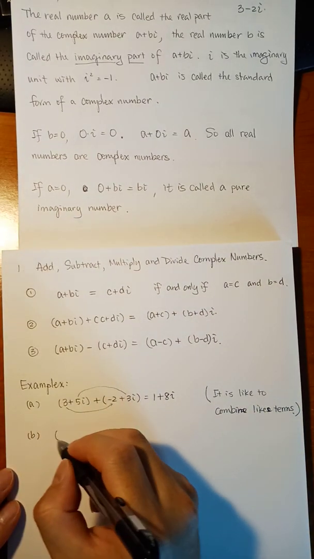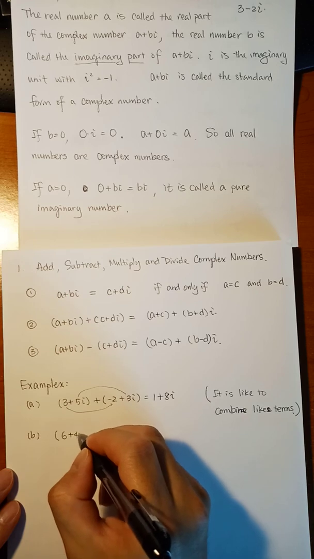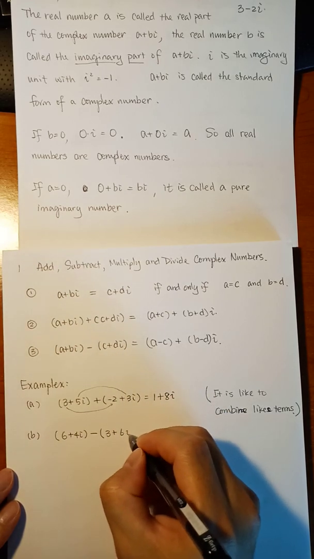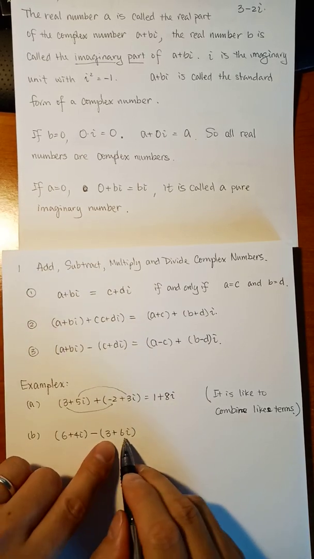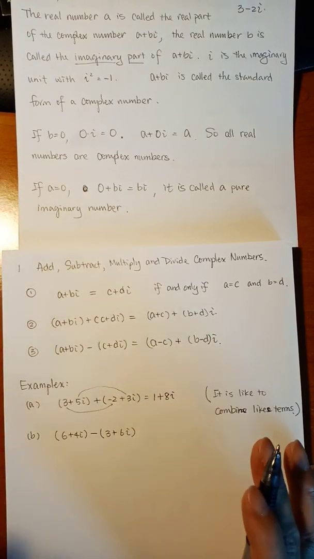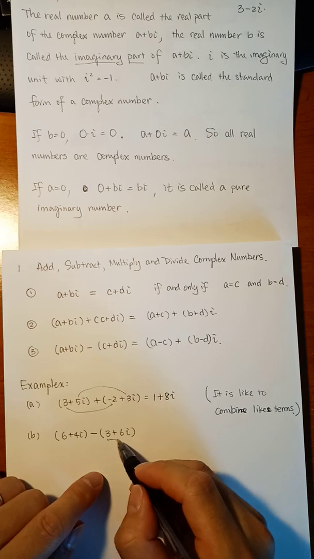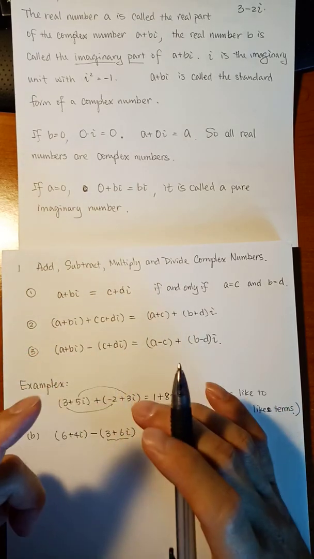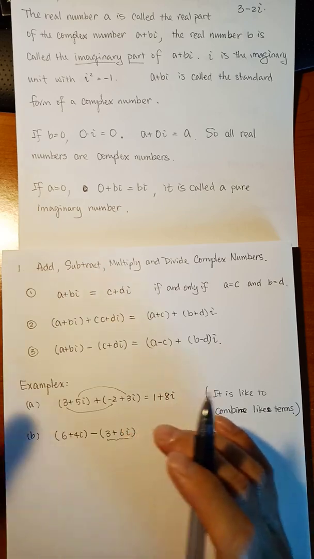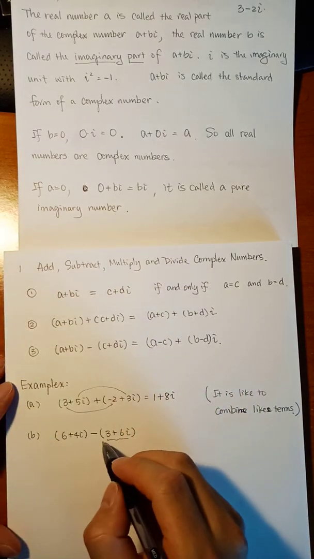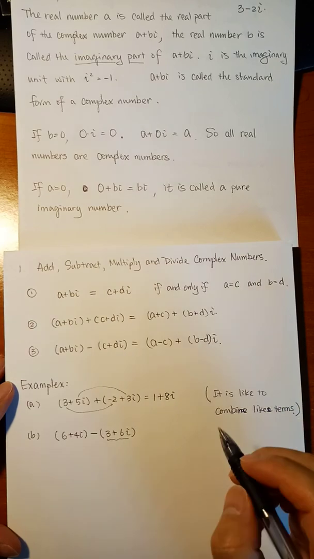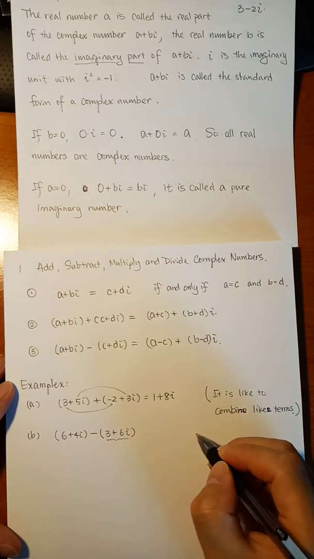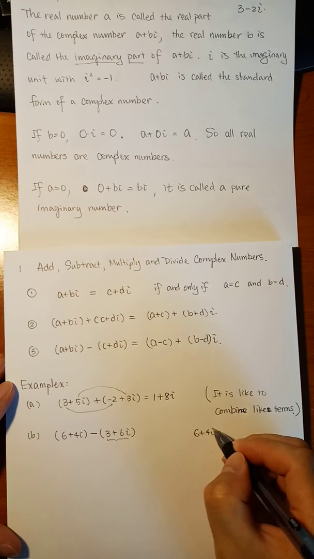Second, let's see a subtraction. 6 plus 4i minus 3 plus 6i. Be careful here. 3 plus 6i, even though it looks like a sum, for us it's one complex number. For one such complex number, you put parentheses. Be careful. I write this way, and it's different from I write this way.